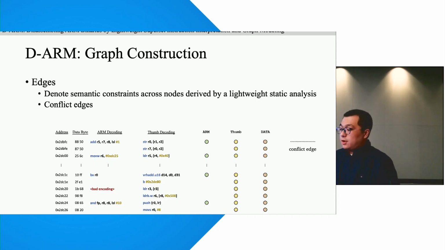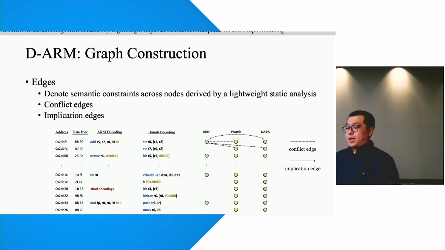For example, if the first 4 bytes are an ARM instruction, then they cannot be Thumb instructions or data at the same time. Thus, conflict edges are introduced between the ARM node and other Thumb and data nodes at the same address. The other type is implication edges, which is from a node to another if the former implies the latter. We use solid directed edges to denote implication edges.